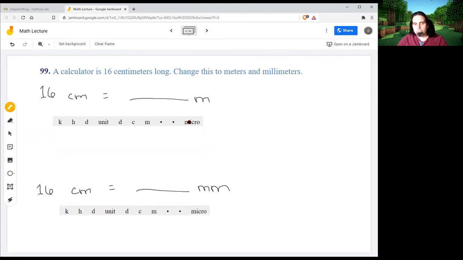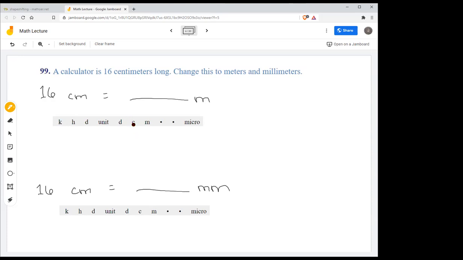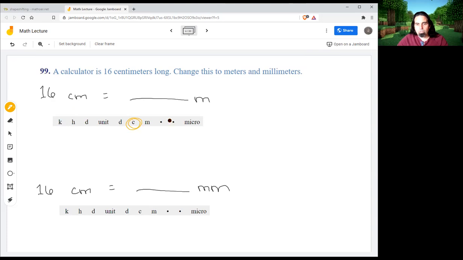Where am I starting in my Killer Hobos Dance Under Dazzling Crystal Mobile? Crystal? Yeah, the C for centa. And I'm going first to plain meters, which is the only tricky spot. Where's plain meters on my list?